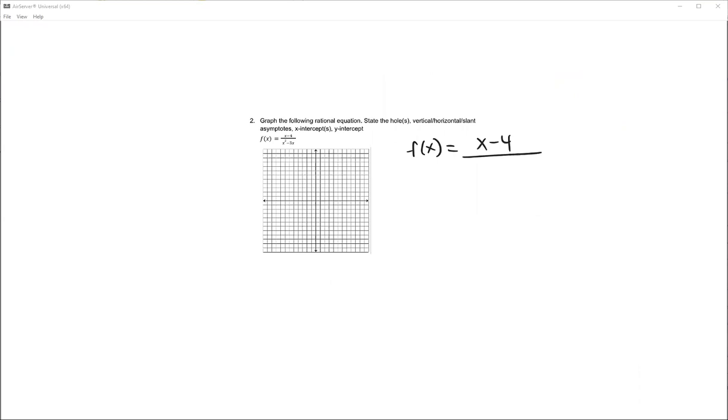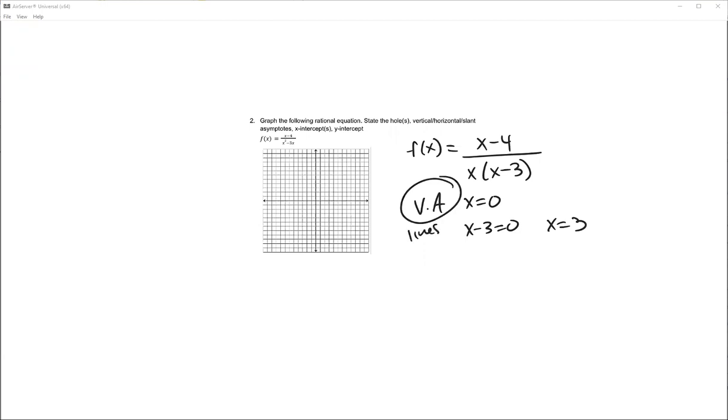I'm going to factor this: x and then x minus 3. And we're going to have vertical asymptotes on this one. You can't cancel or anything like that. So the vertical asymptotes are what? x is equal to 0 and x minus 3 is equal to 0, so x is equal to 3. And remember that vertical asymptotes are lines. It's not a point.